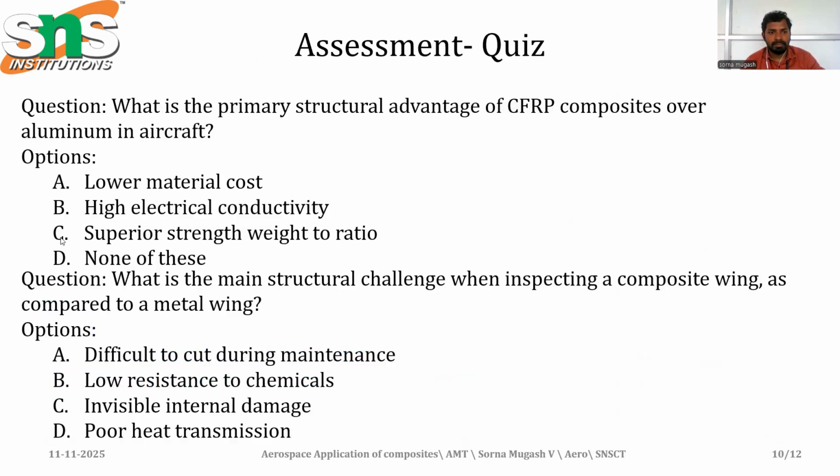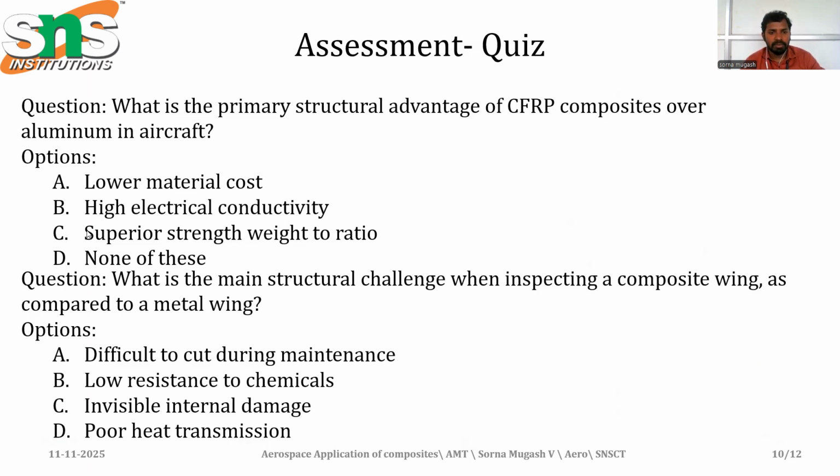So when we come to the assessment part, the first question is: what is the primary structural advantage of CFRP composites over aluminum in aircraft? The options are lower material cost, high electrical conductivity, superior strength-to-weight ratio, and others.